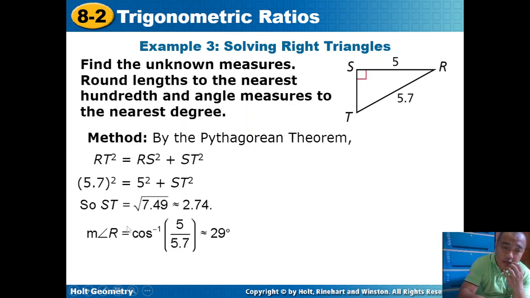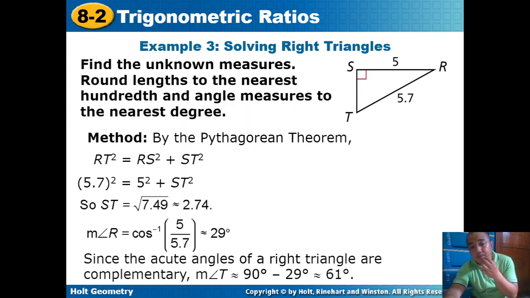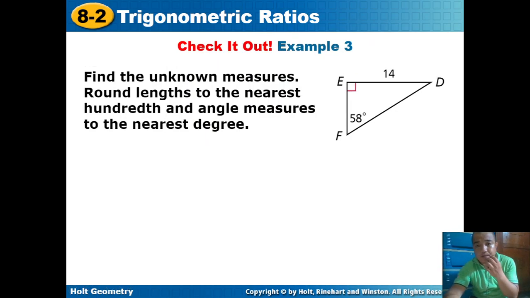In your calculator, you press shift, then cos, 5 all over 5.7, and the result should be approximately 29 degrees. If angle R is 29 degrees, therefore angle T is 90 minus 29, which is 61 degrees, so that the sum of the three angles of the triangle is equal to 180 degrees.